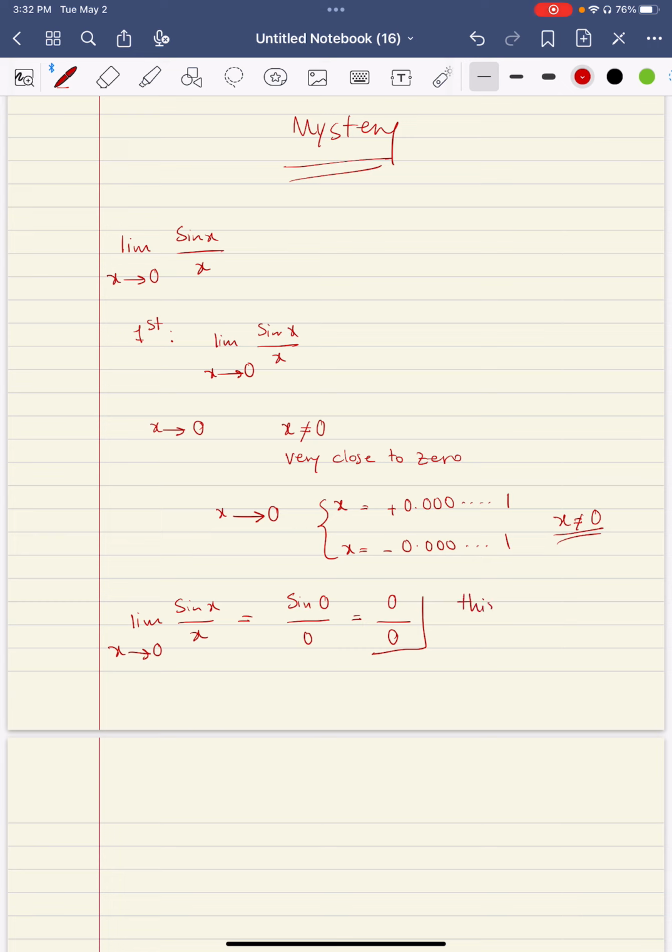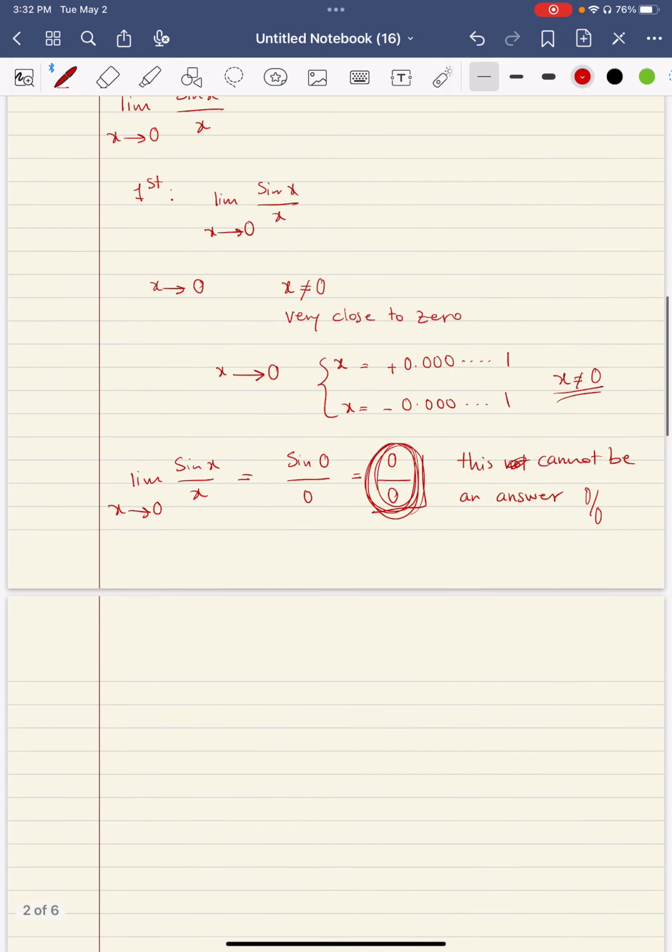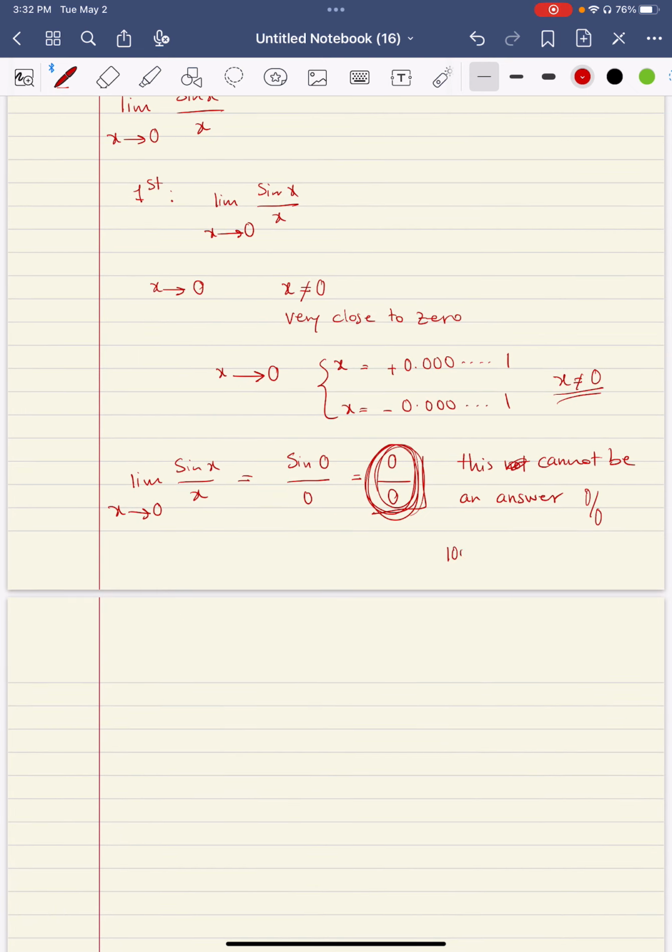This cannot be an answer. Whenever you get to this 0 over 0, more than, I would not say 100%, more than 99%, the answer is something else, right?